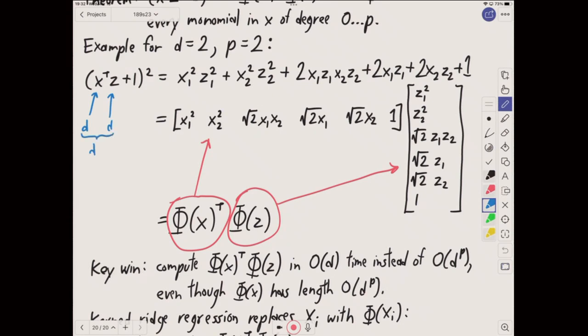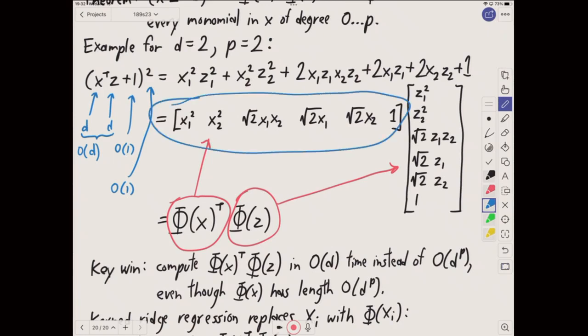Computing the inner product takes time d. Adding 1 takes constant time. And remember, this is a scalar. Squaring a scalar takes constant time. That's all you have to do. So the point is we never have to deal with these long vectors at all. We go around them.